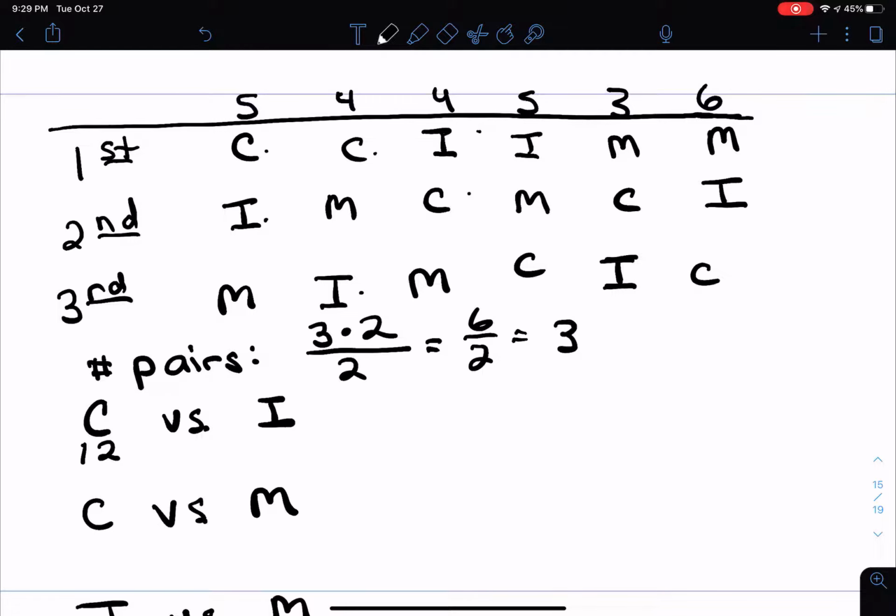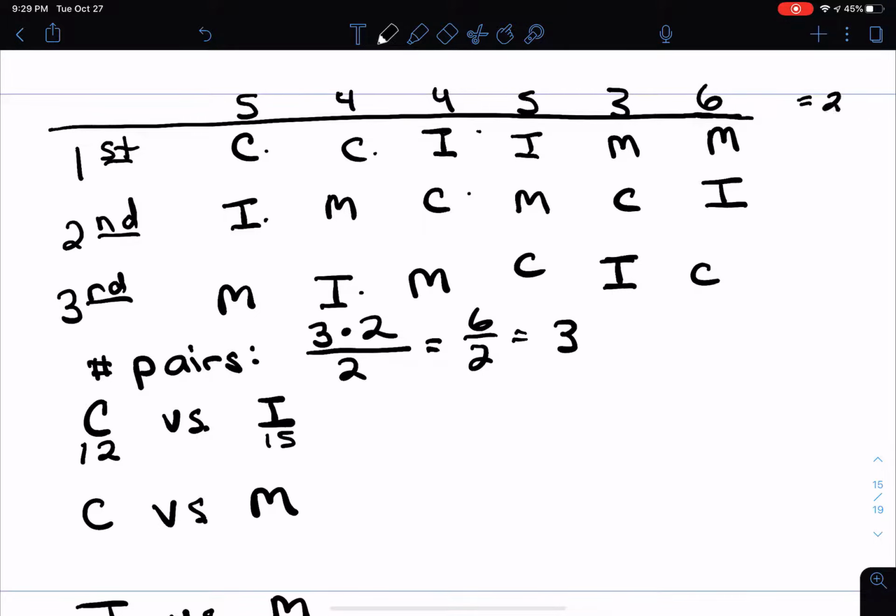And then when you go the other direction and look at Italian over Chinese, well, you have 4 in that third column that had Italian above Chinese, 5 in the fourth column, and then 6 in that last column. So that's 15 total that had Italian ranked above Chinese. I should probably do a little quick note over here. How many voters are there?